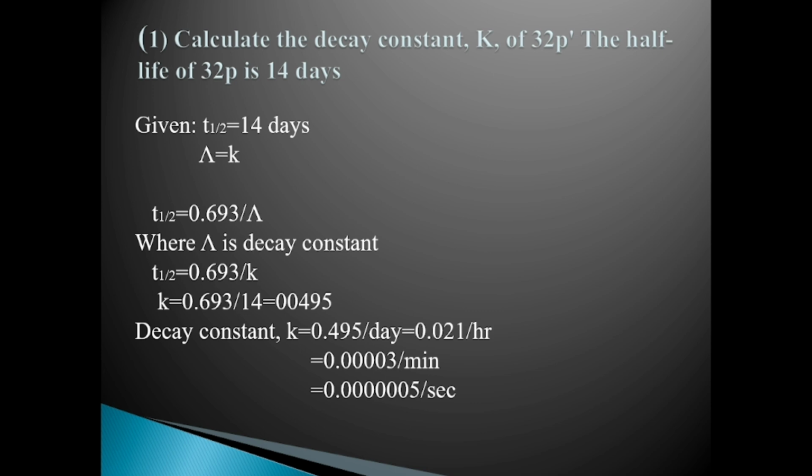So T half = 0.693/K, K = 0.693/14, which equals 0.0495. So the decay constant equals 0.0495 per day, that is 0.00206 per hour, or 0.00003 per minute, or 0.0000005 per second.